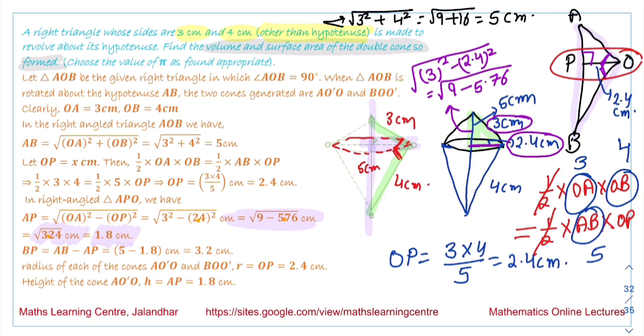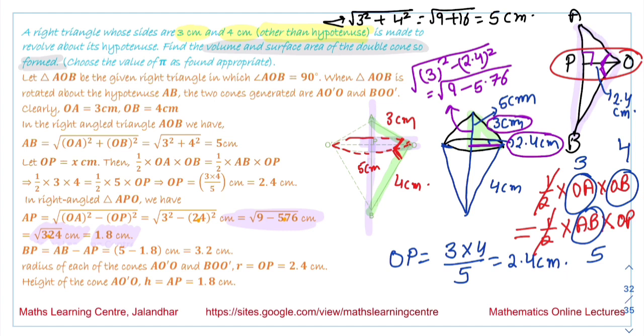So what we obtain from this is, we have a cone over here in this form, and we have another cone over here. The radius of both these cones is equal to 2.4 centimeter. The slant height of this upper cone is 3 centimeter.